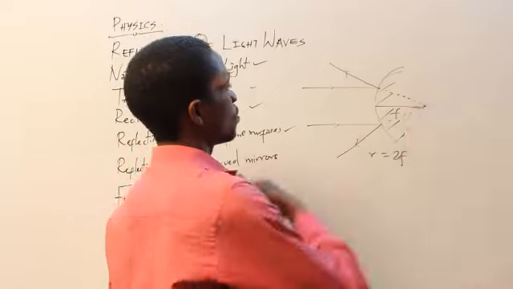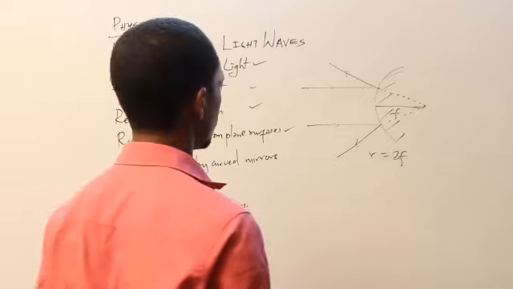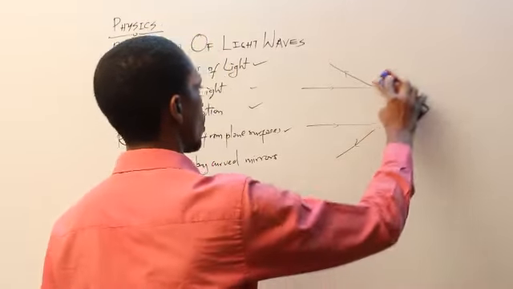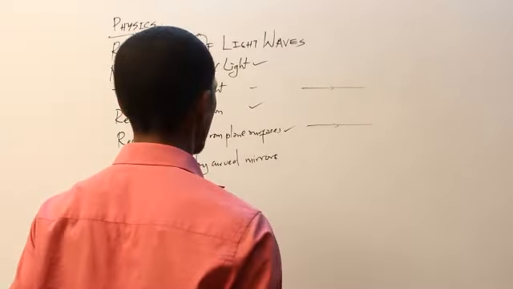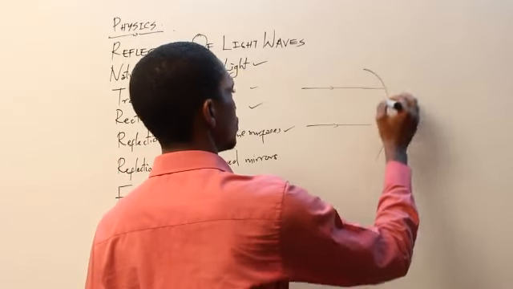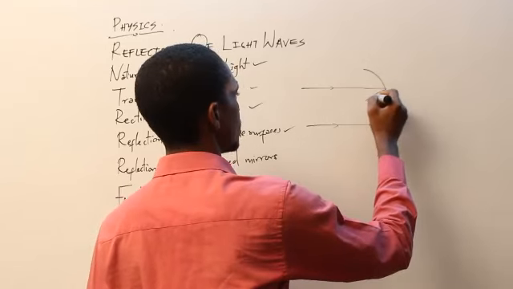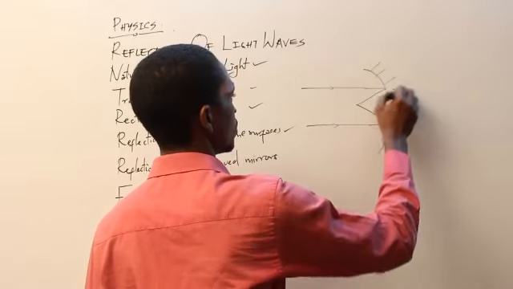So it spreads the light across. In the same manner, when we are considering our concave mirror, the concave mirror reflects the light in this direction.